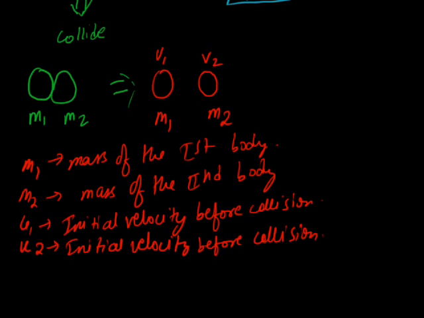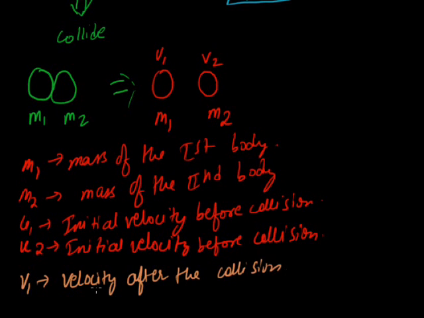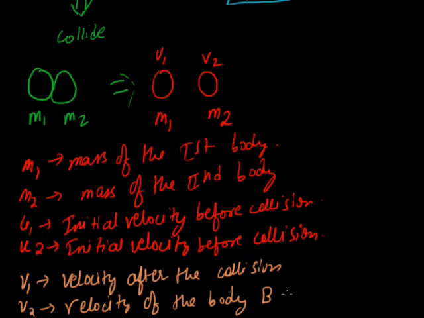Now v1 is the velocity of body A after the collision, and v2 is the velocity of body B after collision.